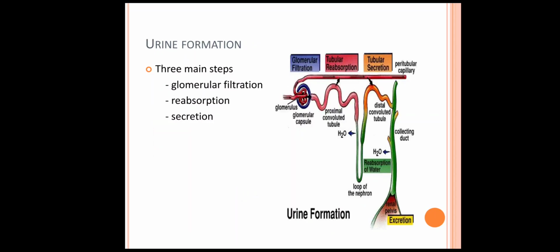Now, after studying the kidney and the nephron's structure, let's have a look at how urine is formed inside the body. If we talk about urine formation, we will be talking about mainly three steps.